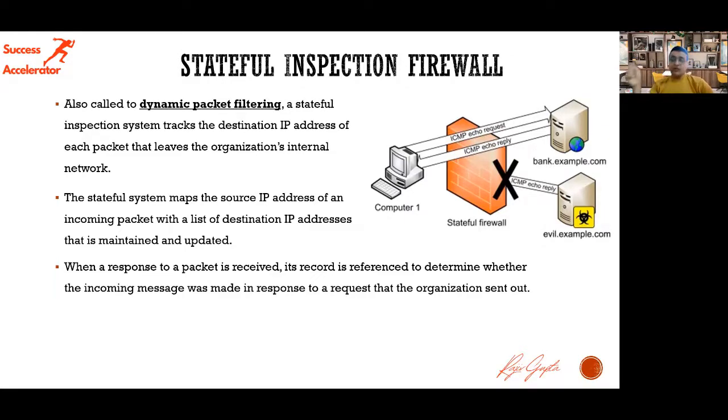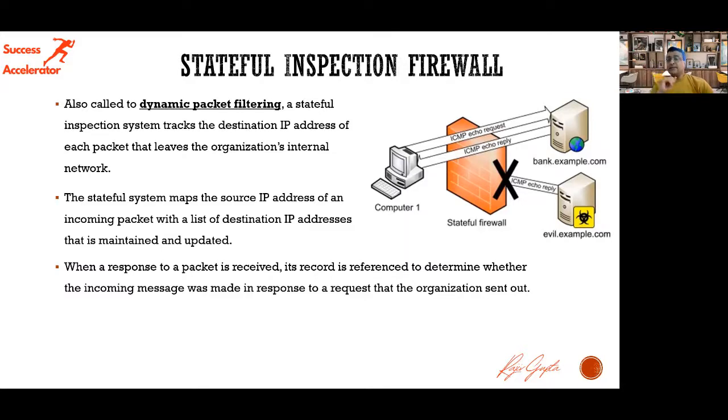So you made a request to that bank server. And when that transaction is getting updated or when that report is now coming to you, it is a reply from that same bank server. So it is in response to your request from the IP address to which you had sent the request. And hence this firewall will allow it.